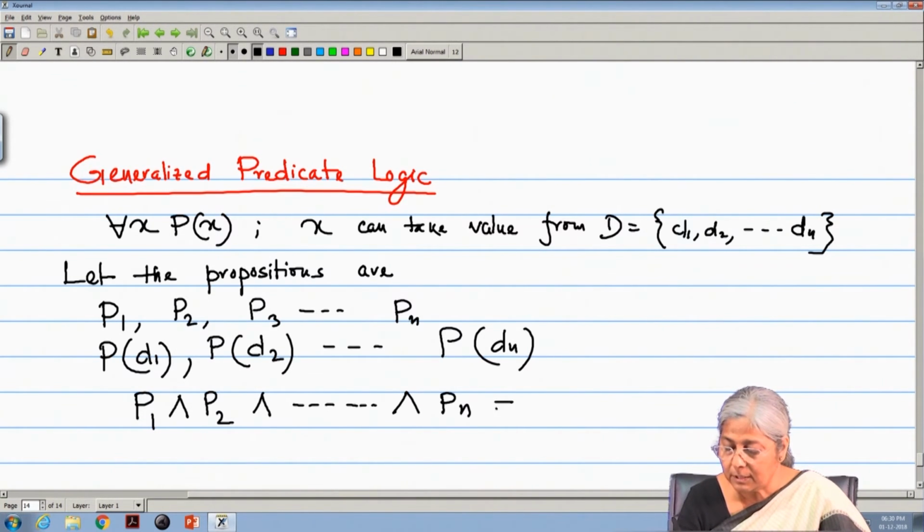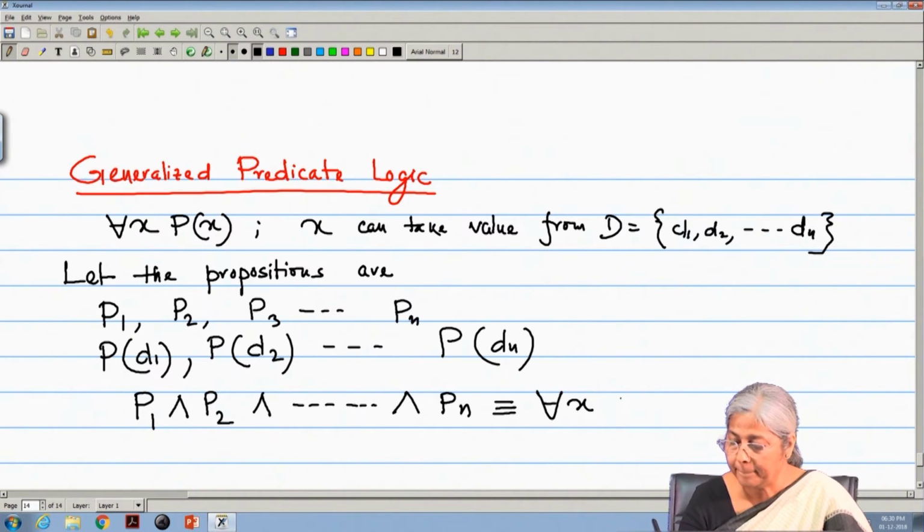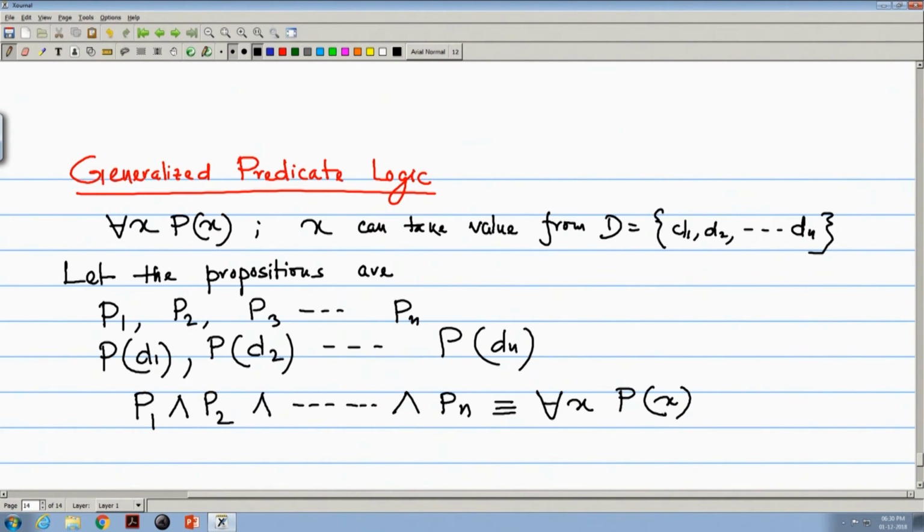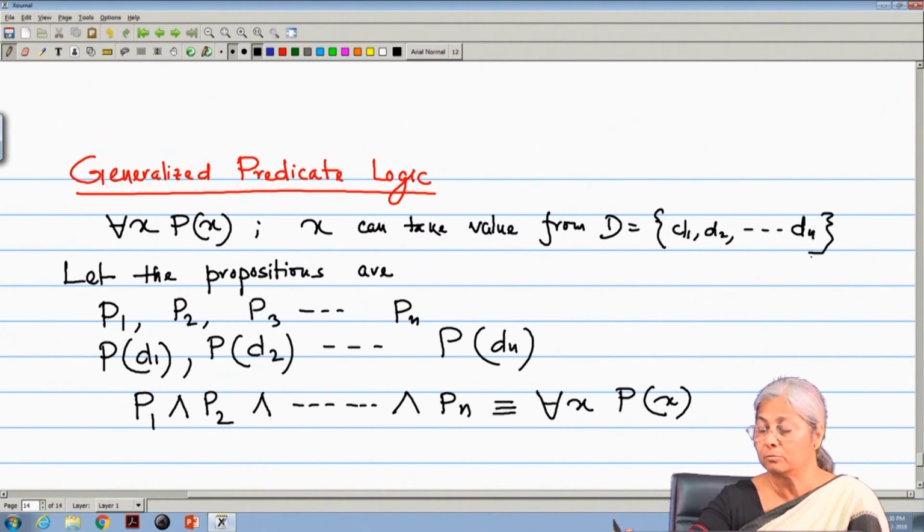This is equivalent to for all x P(x), because for all x means x takes each value from D, that is D1 to Dn, and for that the proposition becomes P1 to Pn. So if I take the conjunction of P1, P2, Pn, then this is for all x P(x).